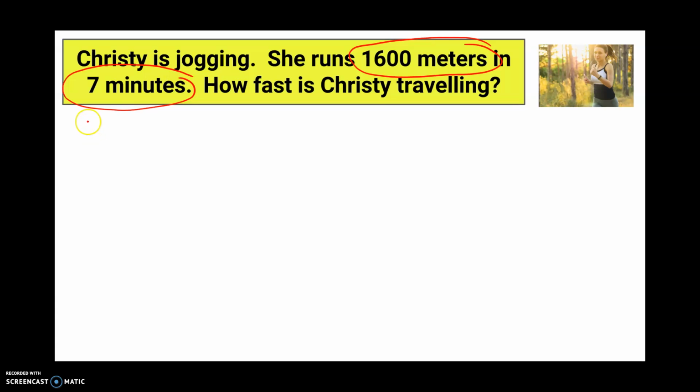So I want to set up my GUESS method. So G for givens, U for unknown, E for the equation, substitute, and solve. So in this case, my givens are my numbers. She runs 1,600 meters. So meters is a measure of distance.